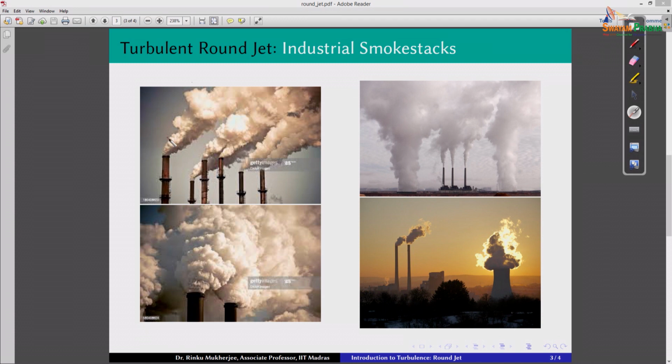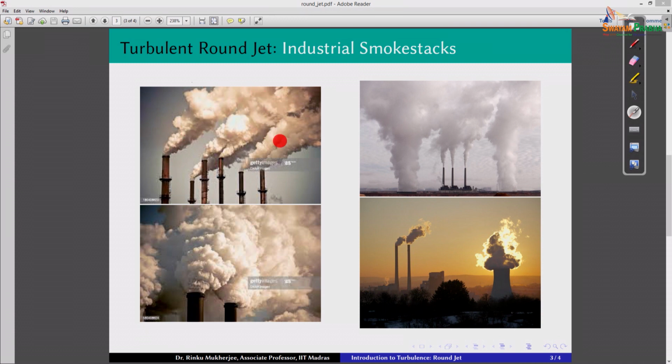Now if you see, there are fluid particles located very close to the jet, to this orifice, and they all seem to be mixing. These things are moving. They are not just moving away from it, they are also moving towards each other.